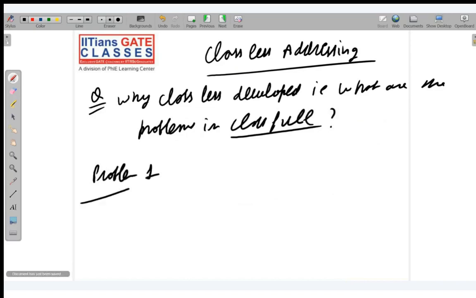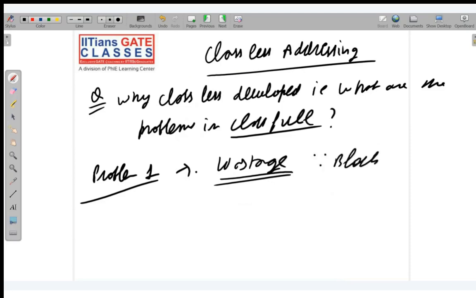The very first problem was lot of IP addresses were wasted. Problem number 1 was wastage. Why wastage? For example, if some organization needs say 2 power 15 IP addresses, you will give 2 power 16 IP addresses because block size was fixed.